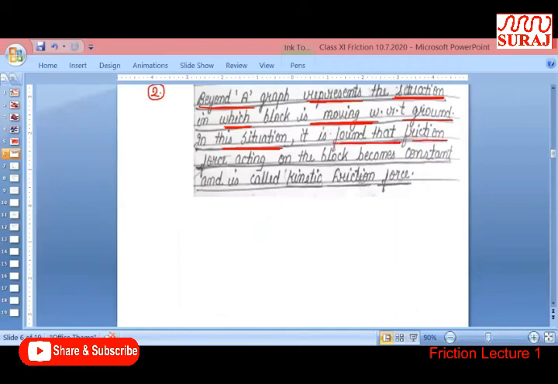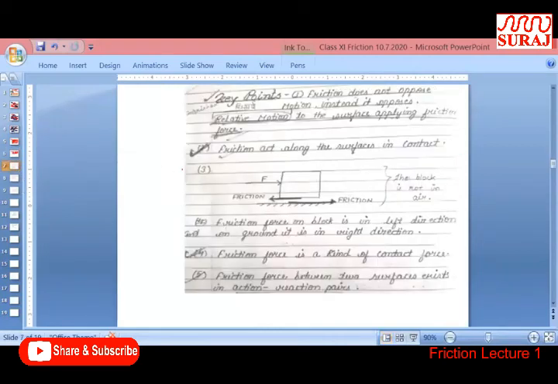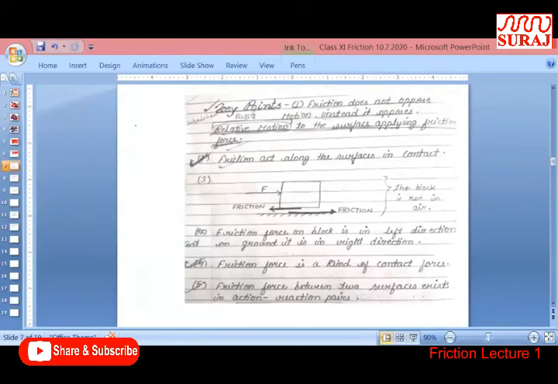In this situation, it is found that the friction force acting on the block becomes constant and is called kinetic friction force. This was the theory which we have explained in our earlier slide.